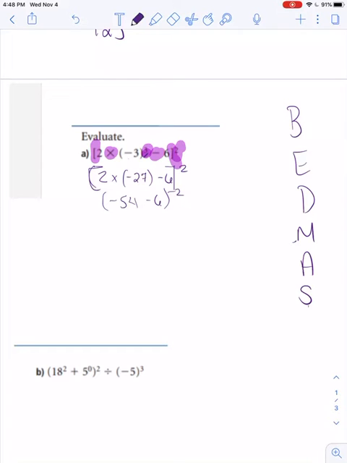We're still not done with our bracket, so now we need to do negative 54 minus 6. That's going to give us negative 60. And our last step, we need to do negative 60 to the exponent 2, so that would be 60 times 60, and the final answer would be 3,600.